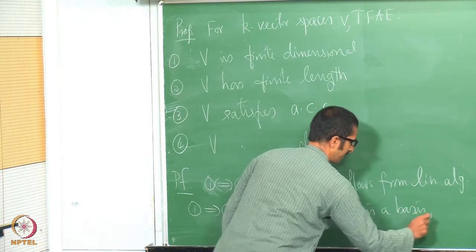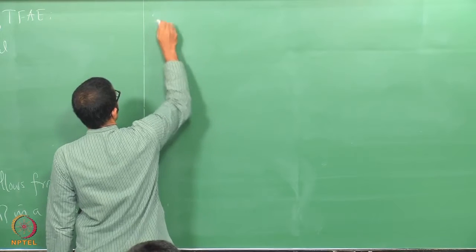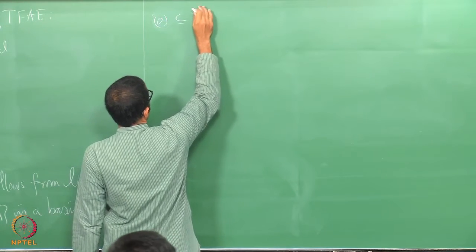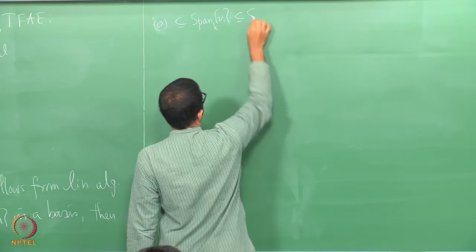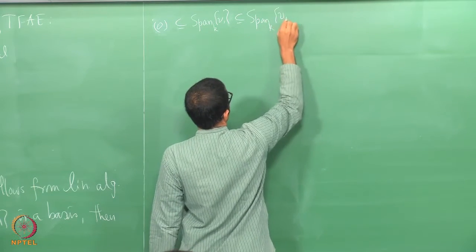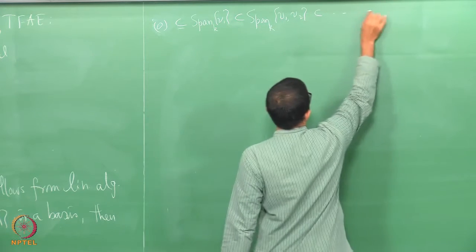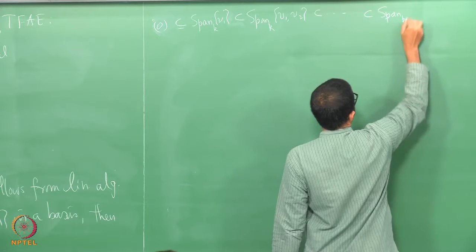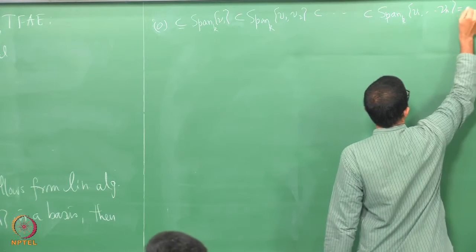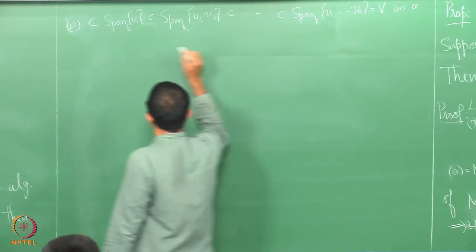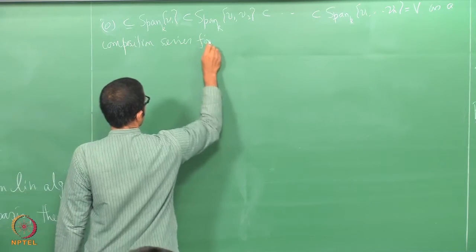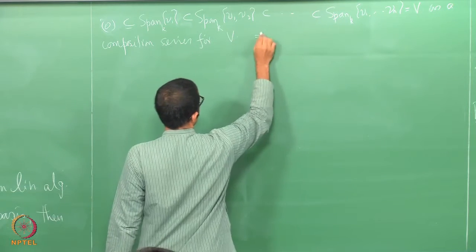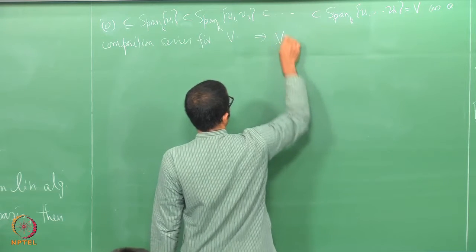If this is a basis, then 0, the K span of V1, and so on is a composition series for V. So V has finite length.